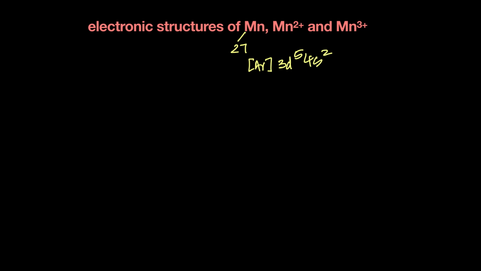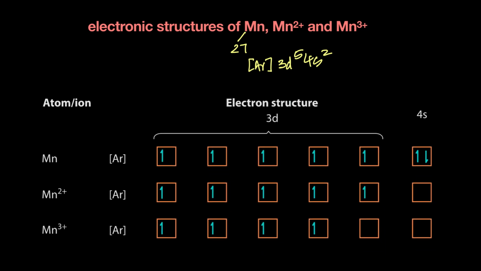This is the element dead center in the d block row, and because its d orbital is half full, it's a special one. So when it becomes a 2+ ion, it loses the 4s2. Then it becomes a 3+ ion, it loses the 4s2 and now one electron from the 3d5. It is known to make even more oxidation states, as it can lose more electrons also.